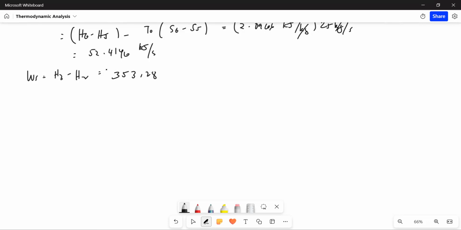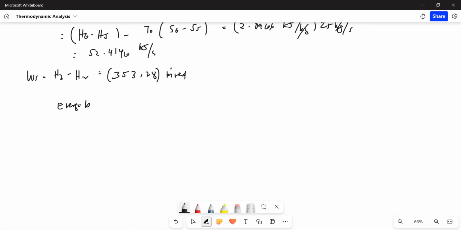But very important, we have to multiply with the mass of the refrigerant, which we don't know yet. To get the mass of the refrigerant, we can make an energy balance around the evaporator.